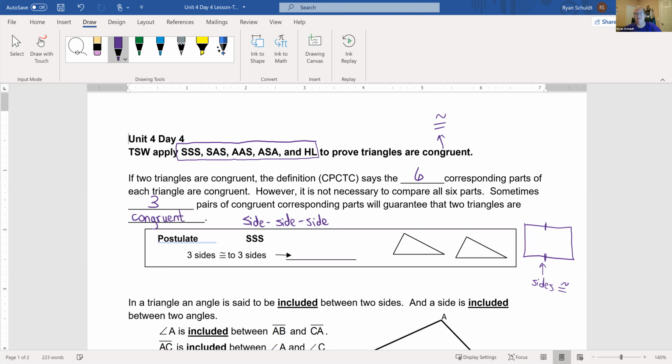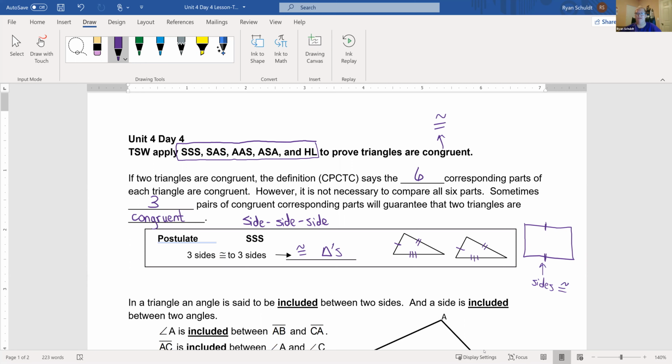So by the side postulate, if we have 3 sides and each side is congruent to another on the other triangle, then we have enough information to say that these are congruent triangles.